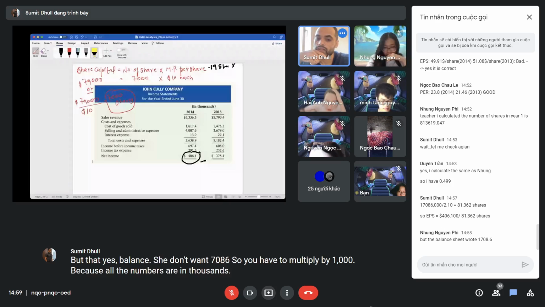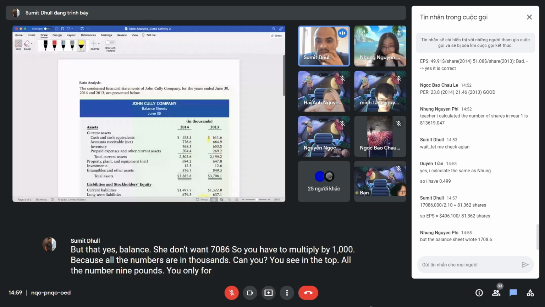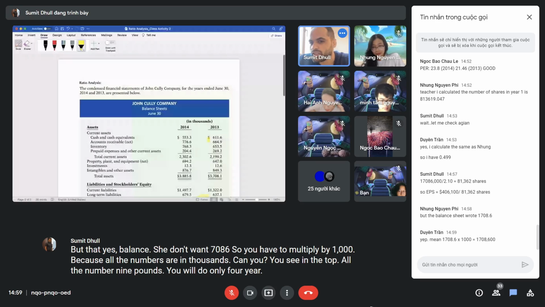Can you see on the top? All the numbers are in thousands. You will do this only for your EPS. You have to calculate the number of shares, so that's why you multiply by 1,000.